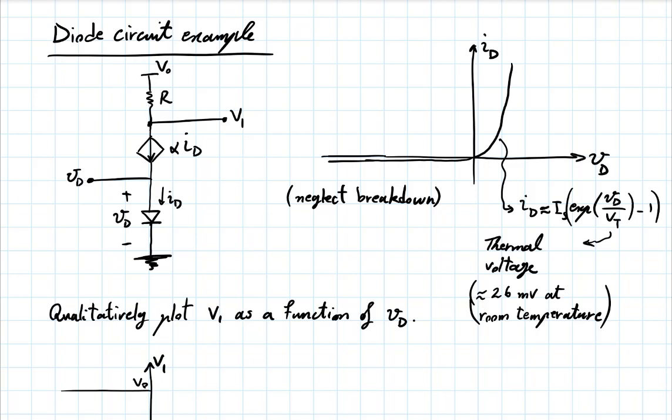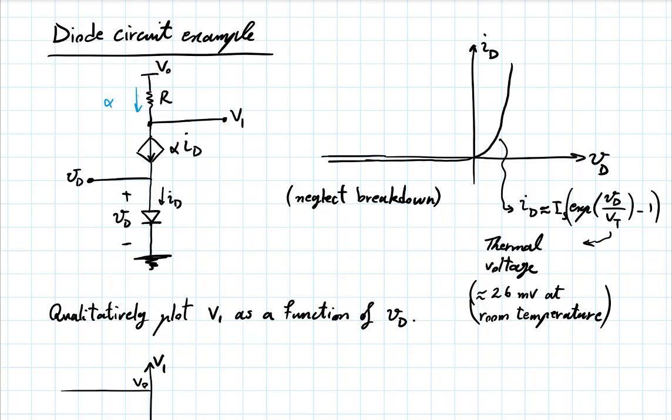That's just a current-controlled current source that multiplies that current. And if that current is substantial, then there is a substantial voltage drop across that resistor, right? And so V1 starts to descend from its value V0.